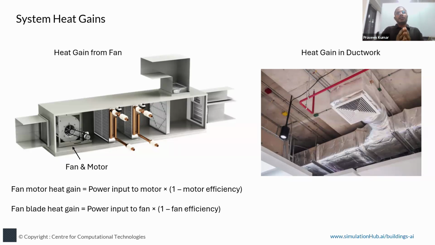In the case of energy analysis, whether you select a CAV system or air systems with plants, the chiller efficiency, heat pump efficiency, whether it's a variable frequency drive, all these things you need to specify. Only then will you be able to mimic the exact system in reality and predict the whole energy consumption for the year.